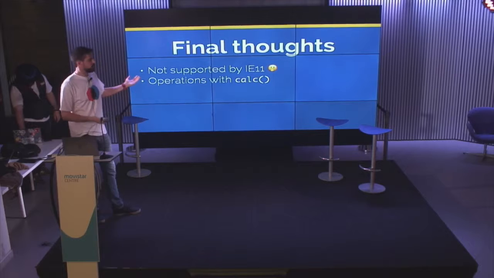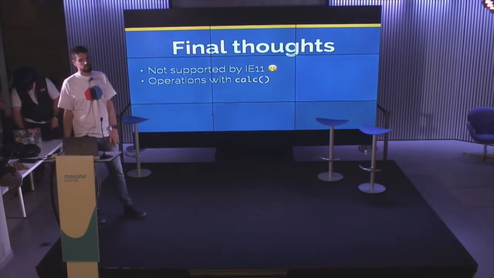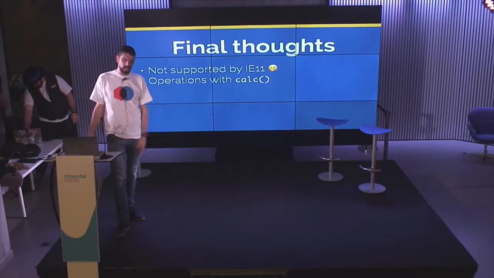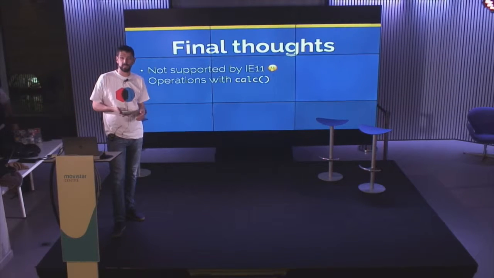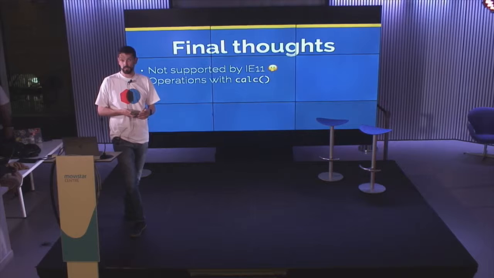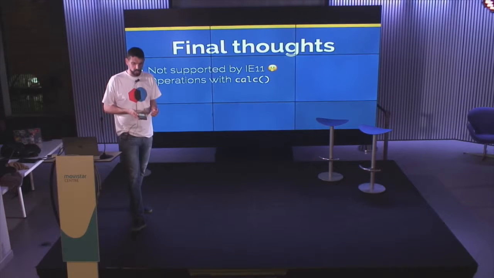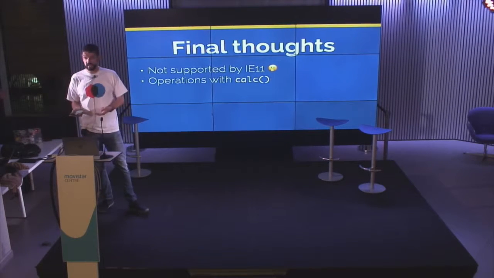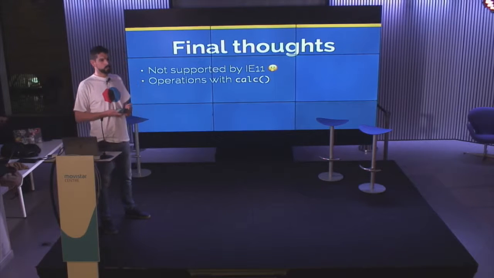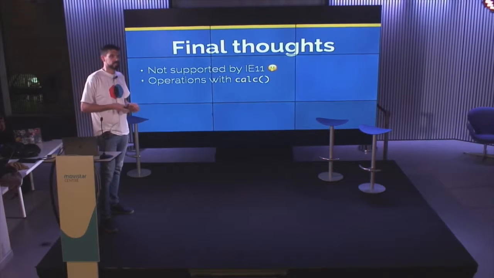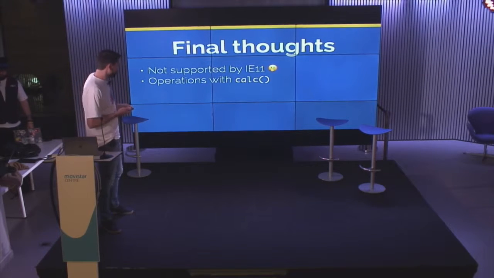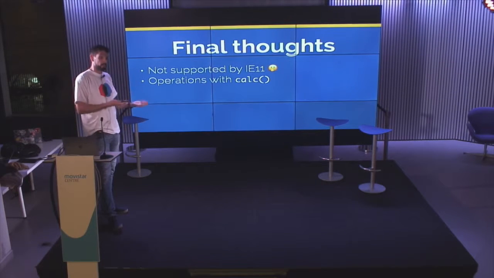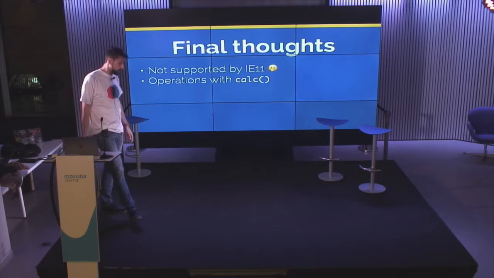But some things like the calc method, some operations with data in Sass are very easy to do. We can use functions, we can use mixins, and with custom properties, I can say it is not as simple as with Sass. But the basic operation can be done with the method calc.